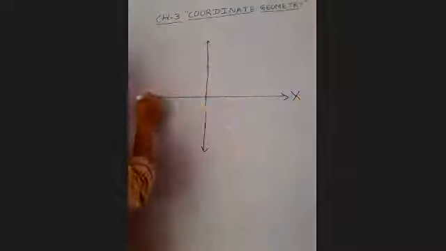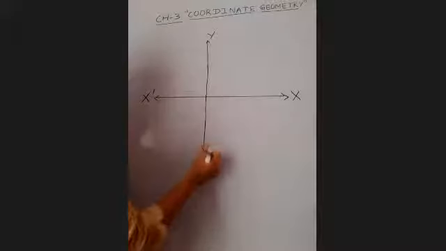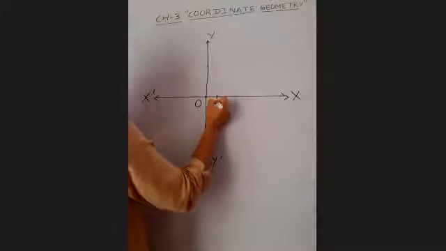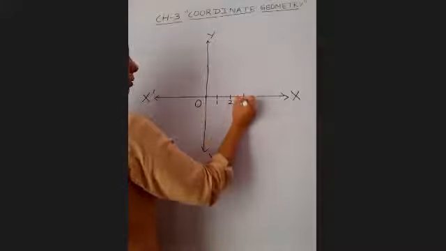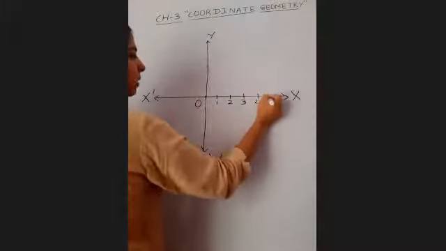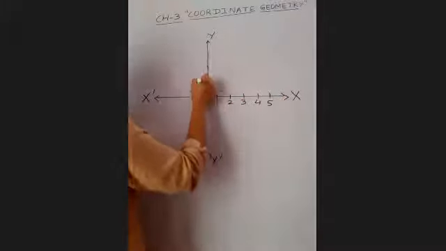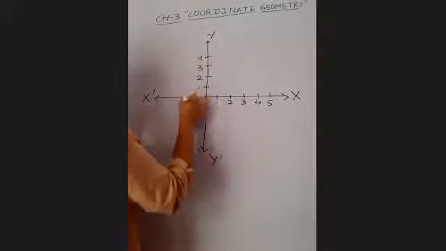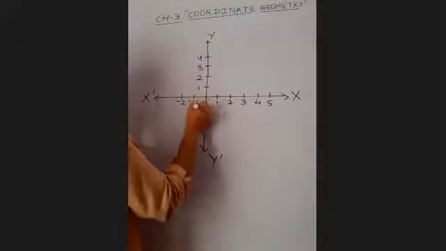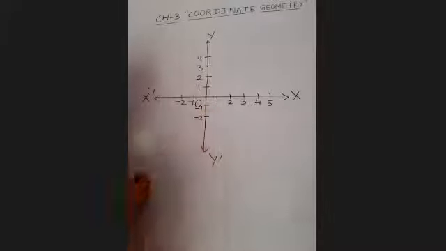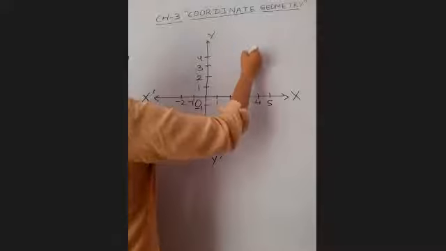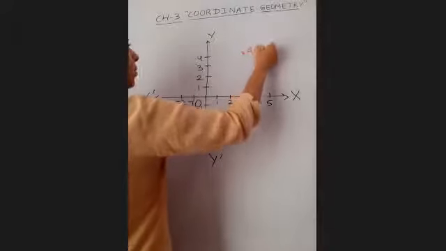X, x dash, y, y dash, 0. Children, then I'm marking 1, 2. The gaps have to be equal. And so on. Children, suppose there is a point, let's say A, given by 3, 4.